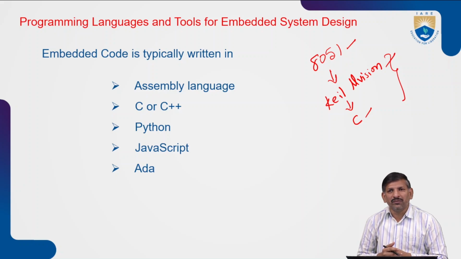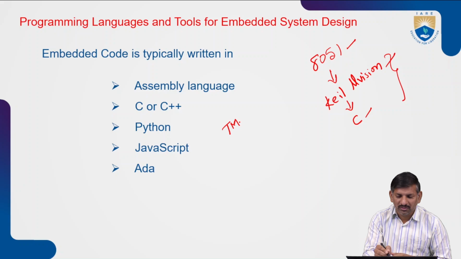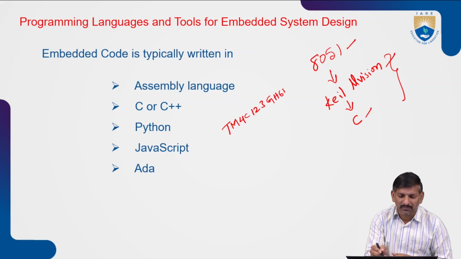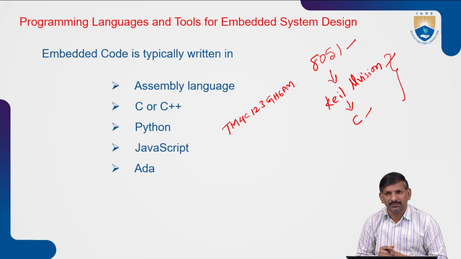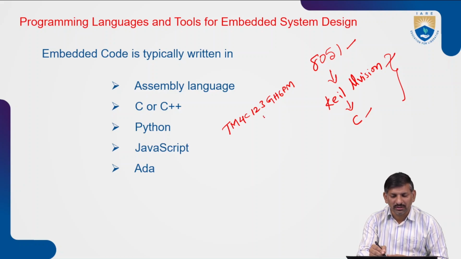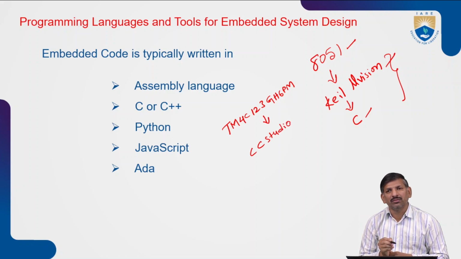Similarly, suppose I want to design applications on the TM4C123GH6PM. This is an ARM microcontroller. If you want to design applications on this ARM microcontroller, we require the Code Composer Studio IDE tool provided by the manufacturer itself.